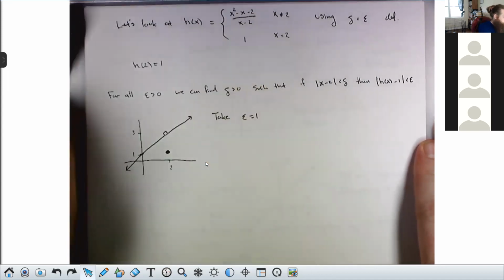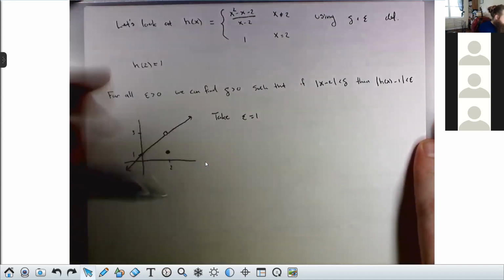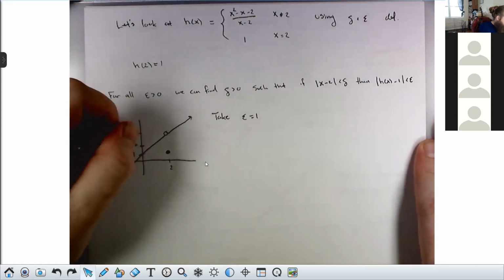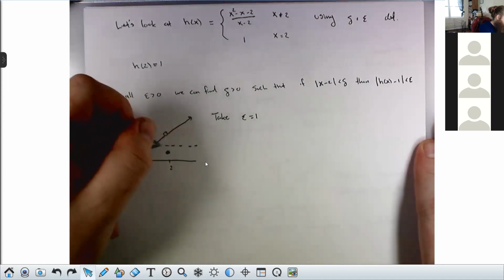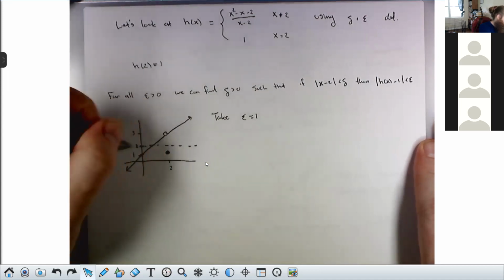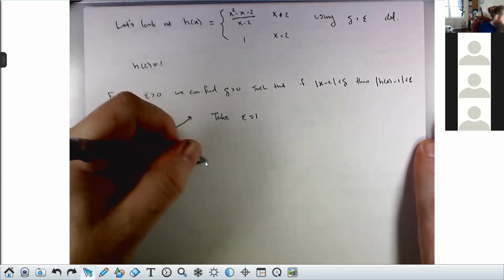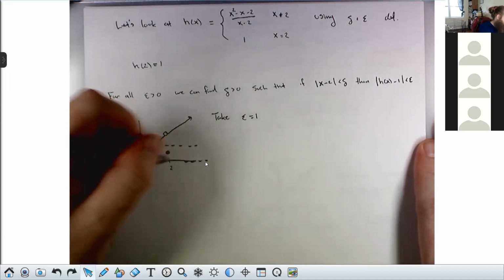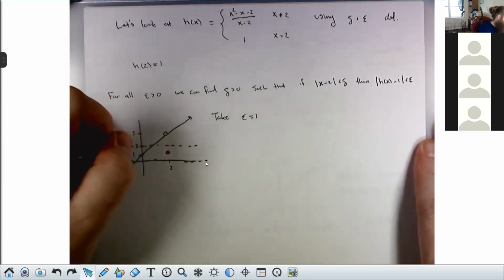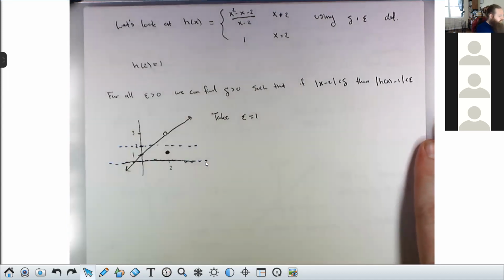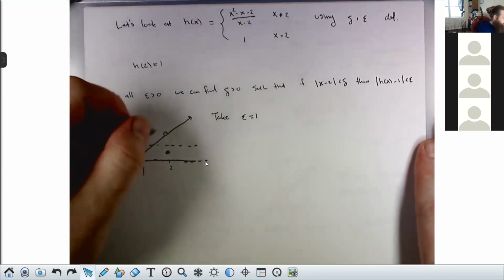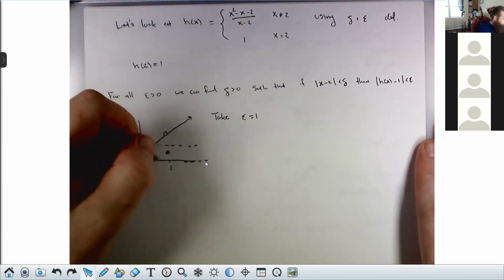Make epsilon equal to 1, and here's your epsilon window. Is there a value of delta that will keep you within that epsilon window as long as you stay?